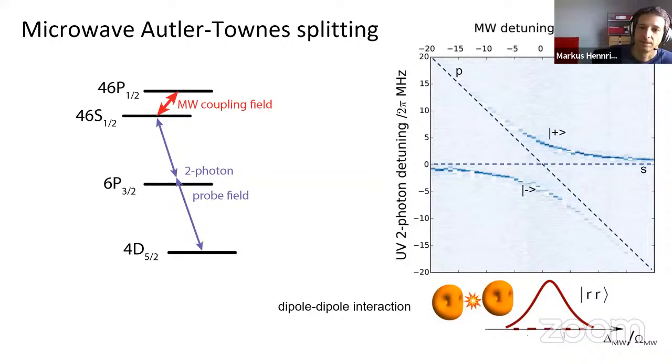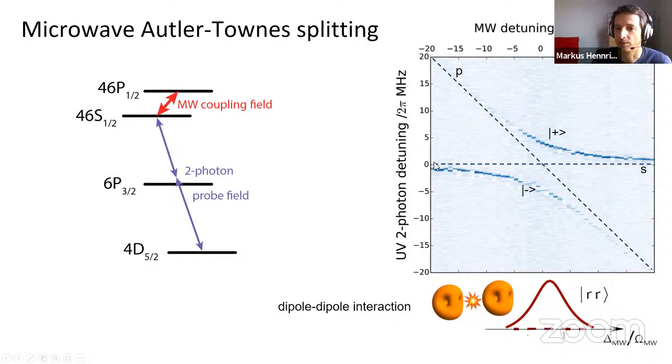If you then do spectroscopy of these microwave coupled dressed levels, you can change the microwave detuning, and you can change the detuning of your two-photon transition to the Rydberg state. You can look where your resonance is, and if you're on resonance with the transition, you will of course see an equal splitting of the plus and the minus state, which are the two dressed levels of S plus P and S minus P. If you're detuned, then you can rather only excite the S level, because that's where your two-photon excitation goes to.